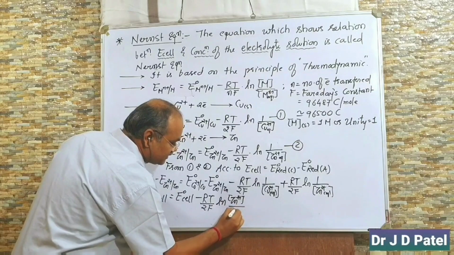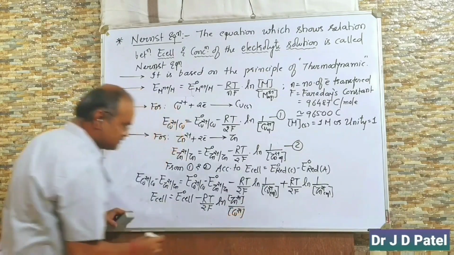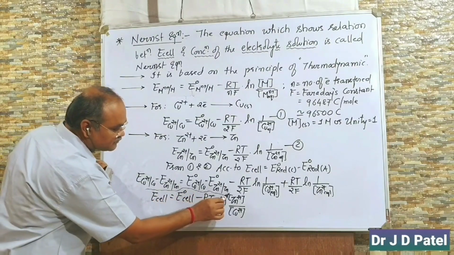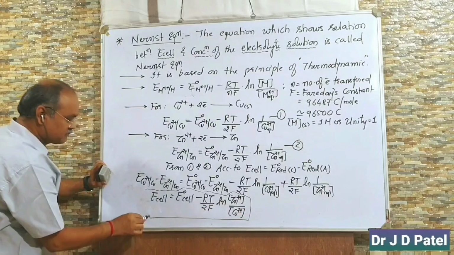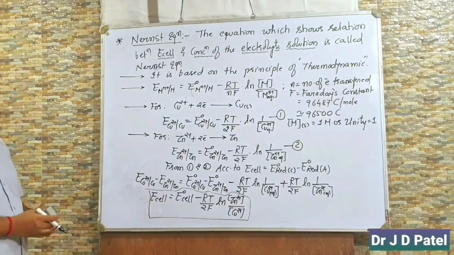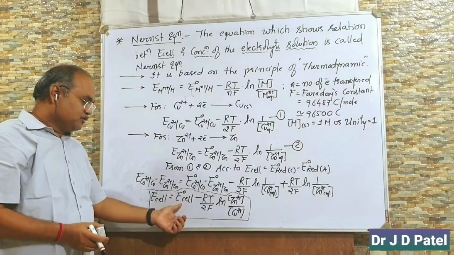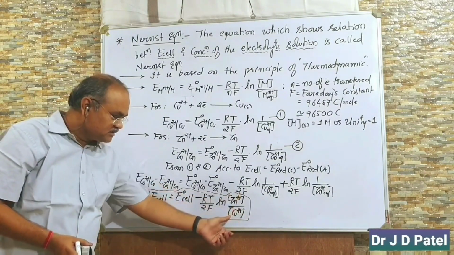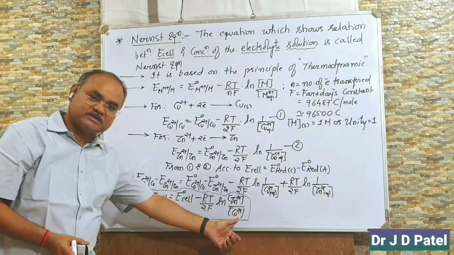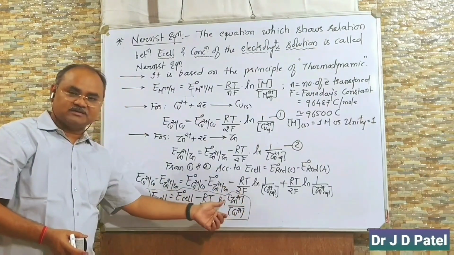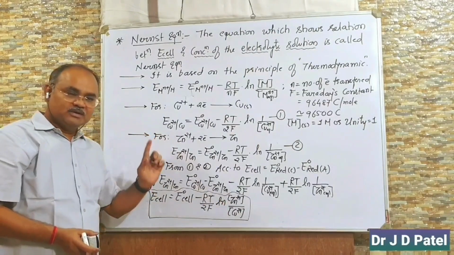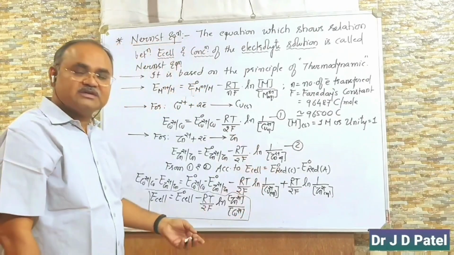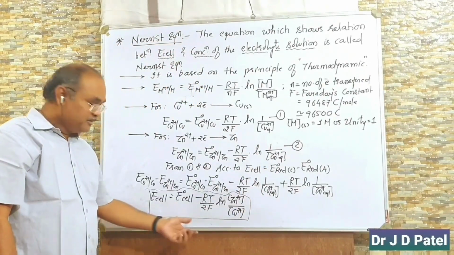So this is your Nernst equation. E cell is equal to E0 cell minus RT by 2F natural log of Zn2 plus aqueous divided by Cu2 plus aqueous, because here you have to put the concentration. Earlier I told you that if concentrations are not given, you can take unity, but it is not necessary every time the concentration will be unity. It may change. We will study this in detail. So this is your Nernst equation.